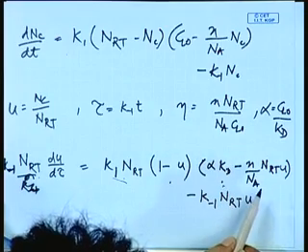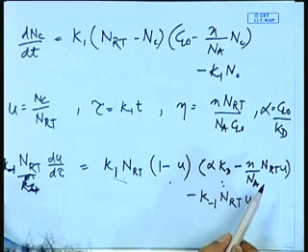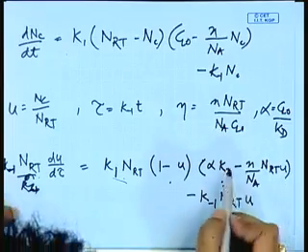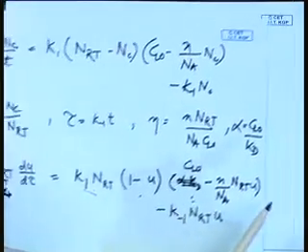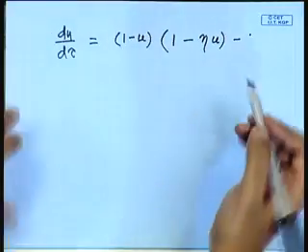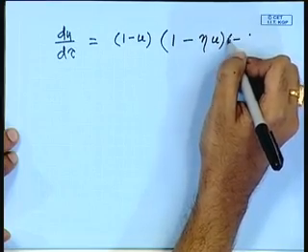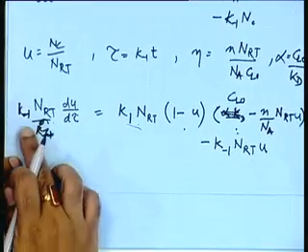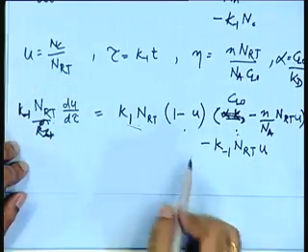Actually, it might be better to just keep this as Cl naught instead of alpha and then divide the whole thing by Cl naught. So you divide both sides by k minus 1 nRT, and this side will cancel out. So let me do that.